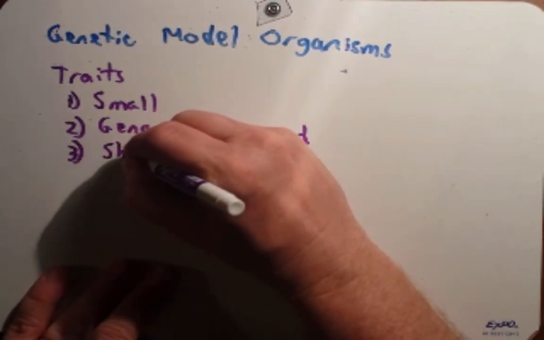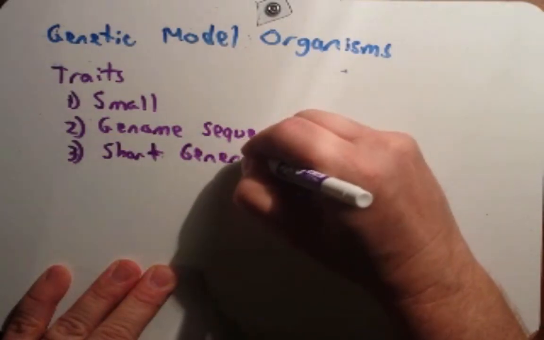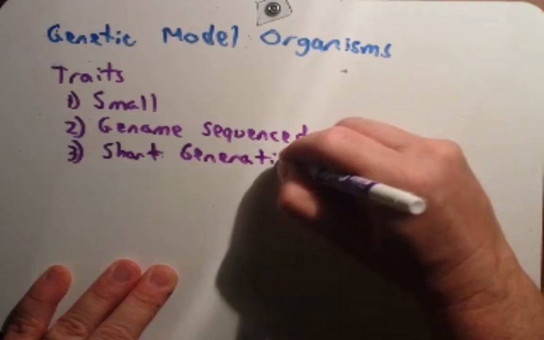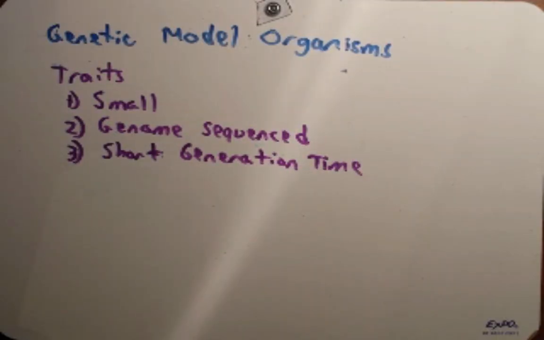Typically, they will have a short generation time. For instance, if you wanted to study a scientific question and an organism had a generation time of 3 hours as opposed to an organism that had a generation time of every 50 years, well, the one that has a generation time of 3 hours is going to be more useful. You're going to get more information from that organism.